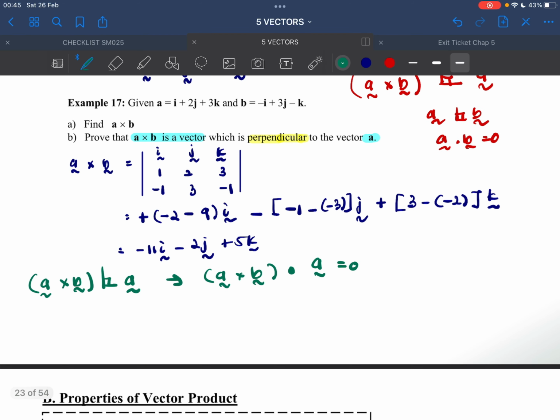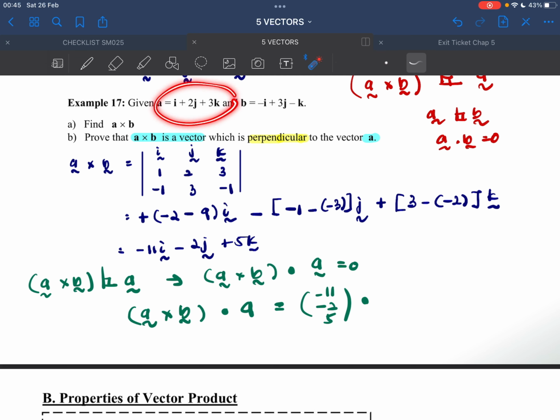So let's take A cross B, which is this part here, negative 11i minus 2j plus 5k. Let me write one more time: A cross B dot A equals negative 11, minus 2, 5 dot A. A is this one here, 1, 2, 3. So let's do the dot product.